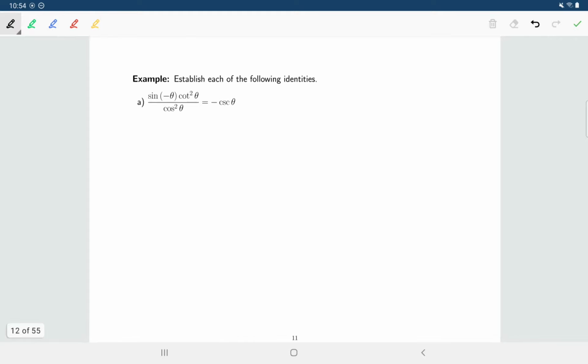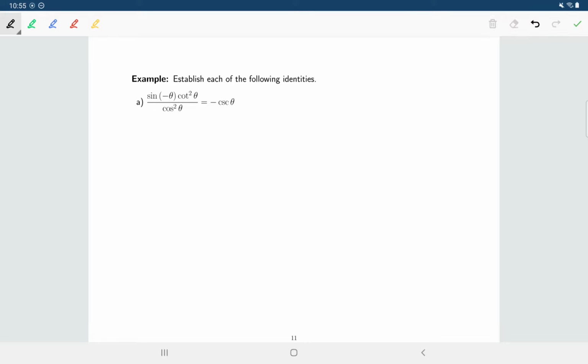For example, with this first problem, this would be incorrect if I decided to start modifying this equation by, let's say, multiplying both sides by cosine squared to move things over. Unfortunately, what we're trying to show is that the left side and the right side are equal to each other. We don't know that they're equal yet. How do you know that if you move cosine squared over here that the left side and the right side will be equal? That's what we're trying to show, which means we can't use that yet.